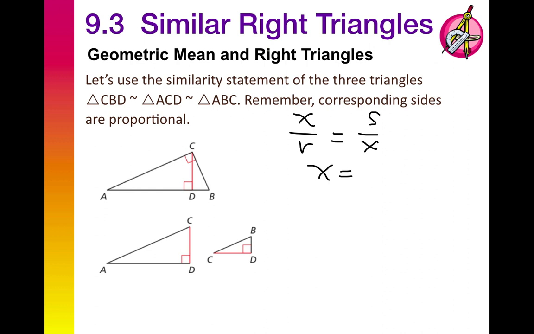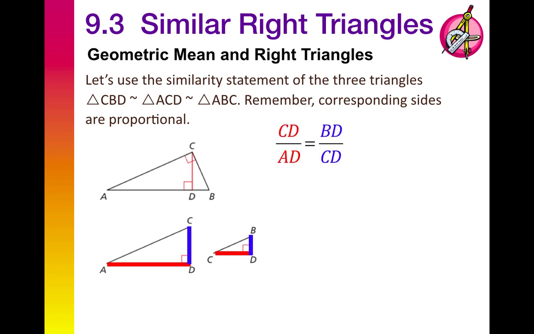So I'm just going to back up a little bit. We're going to look at the fact that we have proportional sides. So if I have proportional sides, that means that AD relates to CD. And we see that in our triangles ACD and the little triangle CBD.